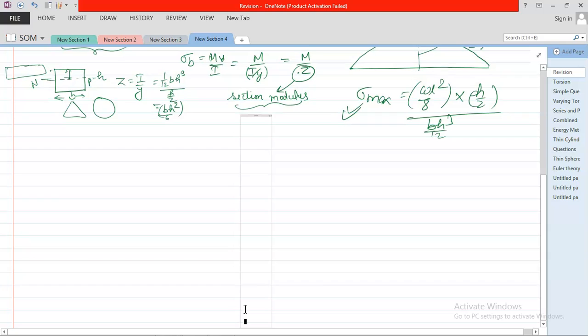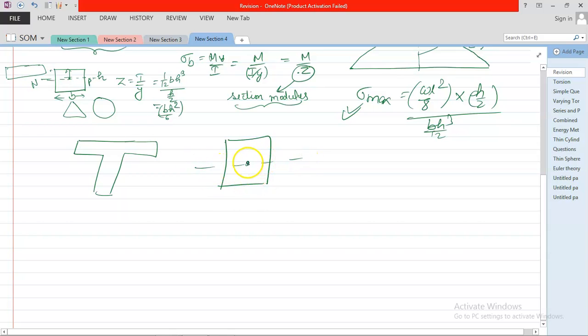Now going to unsymmetrical sections, take a T section. In a rectangle, you know that the neutral plane will be in between, passing through the H by 2 distance. In a circle you also know that the neutral plane passes through the radius. But here you cannot know where the neutral plane is.